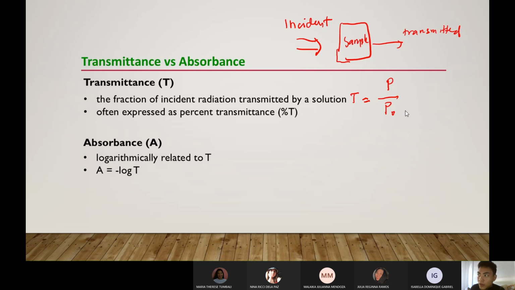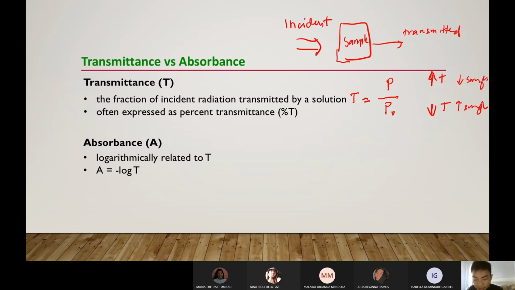If your transmittance is low, that means you have a lot of sample. There are many colored substances there, so it's hard for the light to pass through, because there are so many of them. Okay? So that's transmittance. So the higher the transmittance is, the more sample... I mean, I got it backwards. The higher the transmittance, the lower the amount of your sample. And the lower the transmittance, the more sample you have. So their trend is opposite. High transmittance, low sample, because almost all light will pass through.